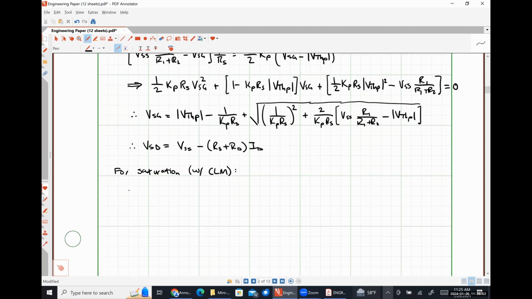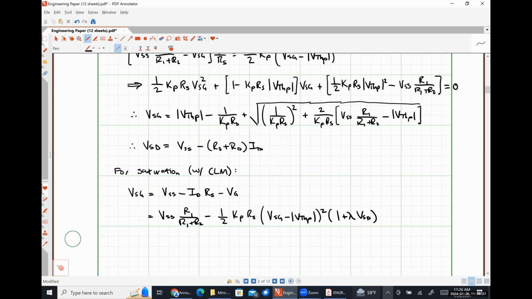So VSG is VSS minus IDRS minus VG, which looks like VSS times R1 over R1 plus R2 minus 1/2 KP RS (VSG minus the absolute value of VTHP) squared times (1 plus lambda VSD).